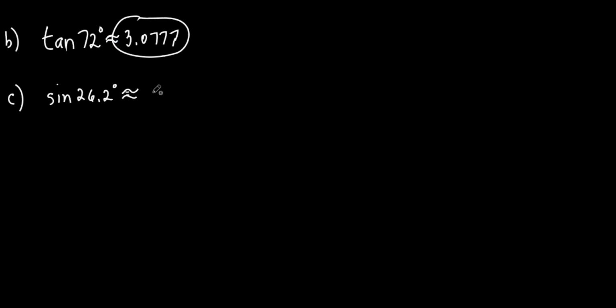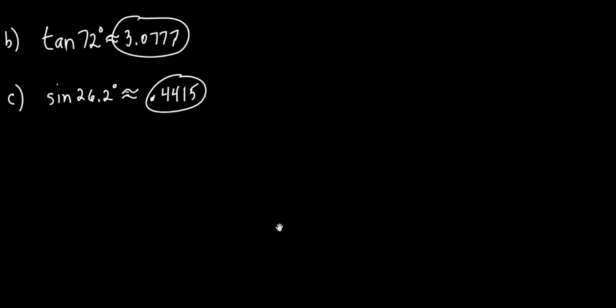If you put an equal sign, I'm not going to mark it wrong. And like I did right there, I forgot to put approximately, but it's probably best practice to put approximately equal to 0.4415. And we stop at 5, right? Because that 0 does not round that 5 up. All right, so that is the sine of 26.2 degrees. Does that make sense?